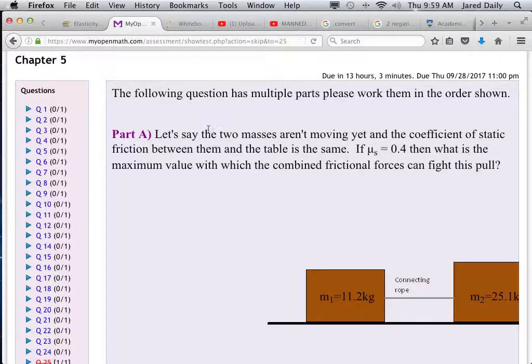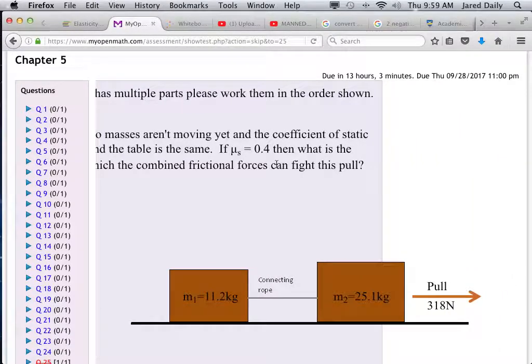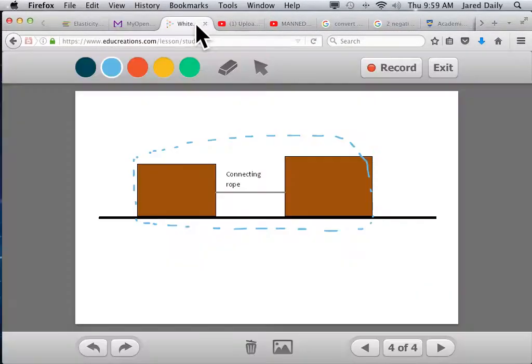And the things acting on the outside of the system are a pull to the right of 318 newtons. So we have a pull out here, 318 newtons, right? We'll call that force P for pull. And we have a friction. In which way is that friction acting?